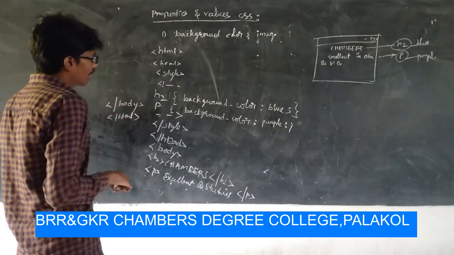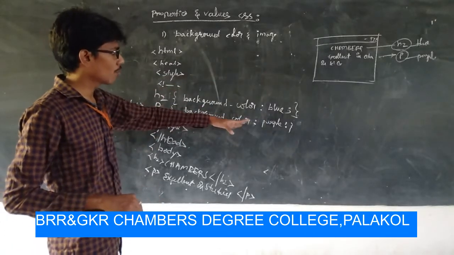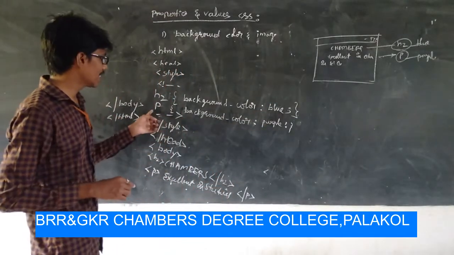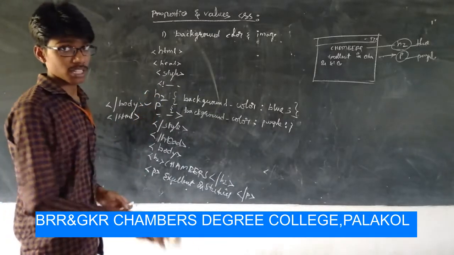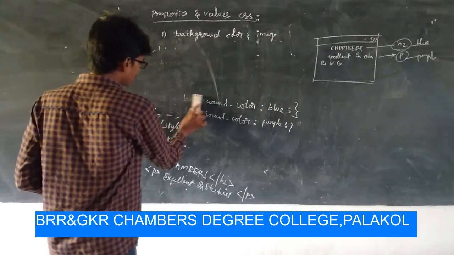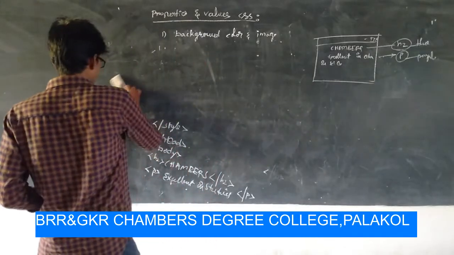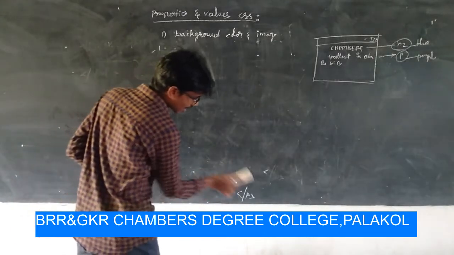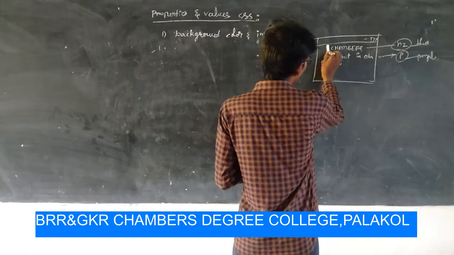Like this you mention the property background color, whatever color you want for the final outcome, and the syntax is as follows. Second, if you want to mention an image located in your page, for the entire page you want a background image.